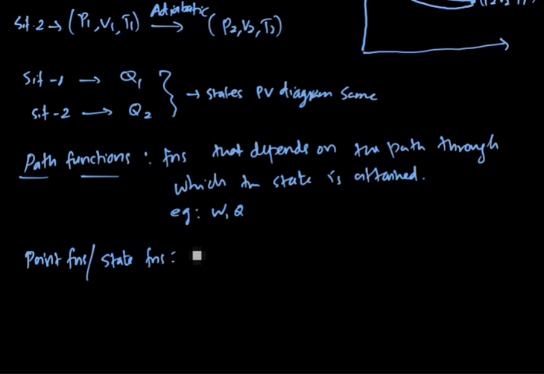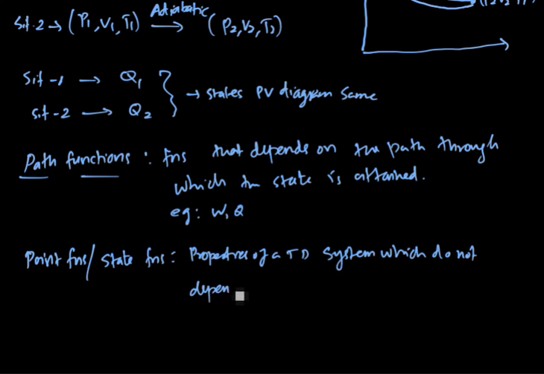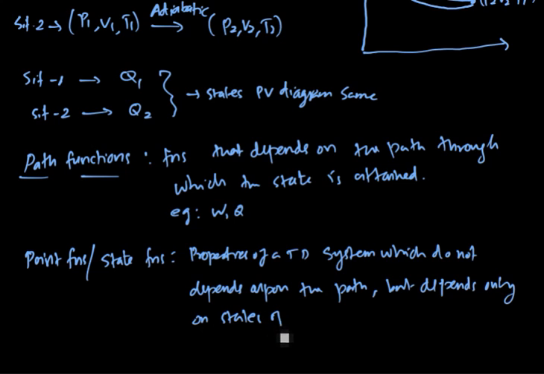So they are the properties of a thermodynamic system which do not depend on the path through which the state is attained, but depend only on the initial and final state of the system.